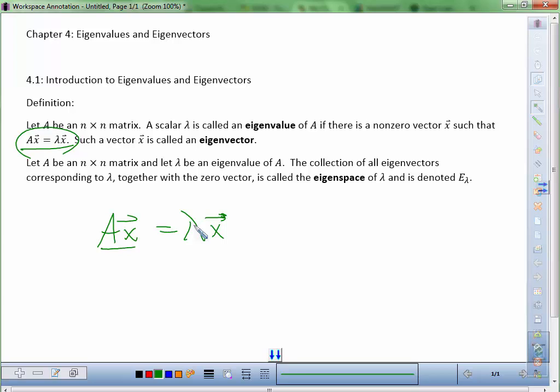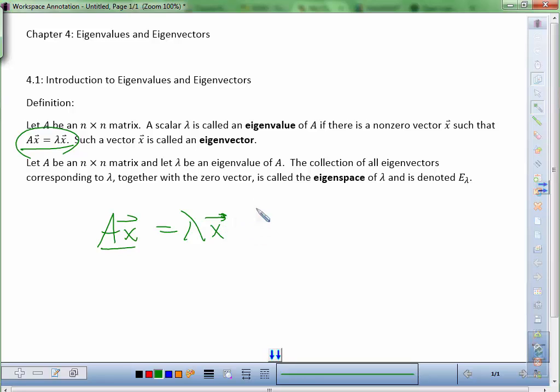What we're going to do is, this is an equation. It looks like a valid equation. The result from a matrix applied to a vector is a vector, and the result from a scalar scaling a vector is another vector. So these two are equivalent. They're equal to each other, and they're both vectors.